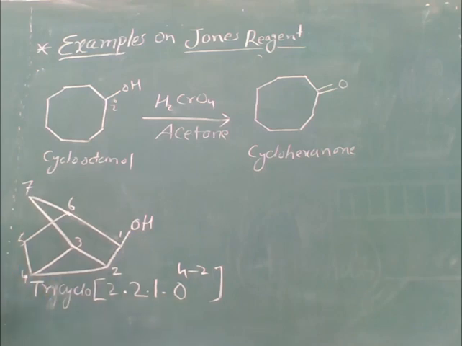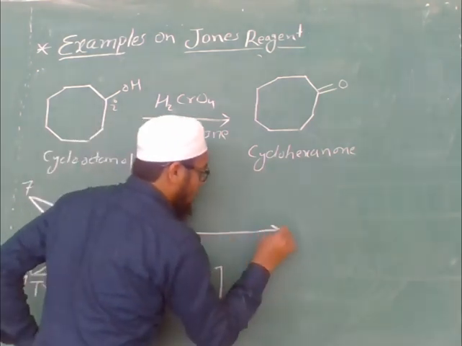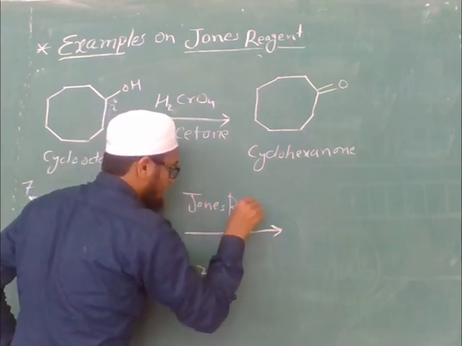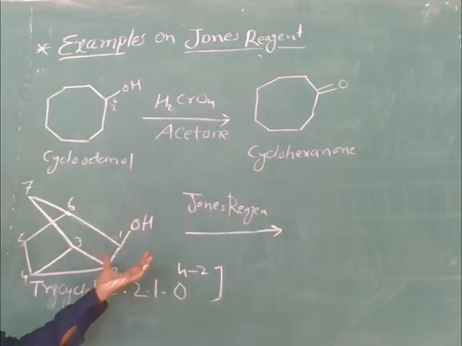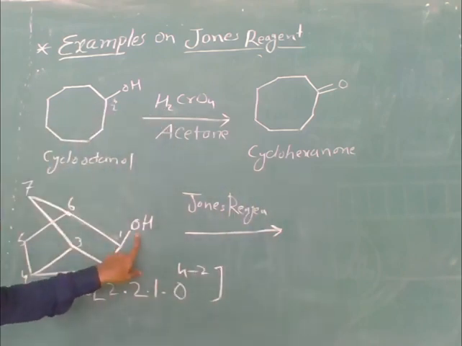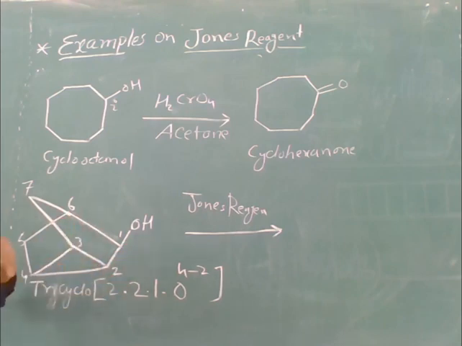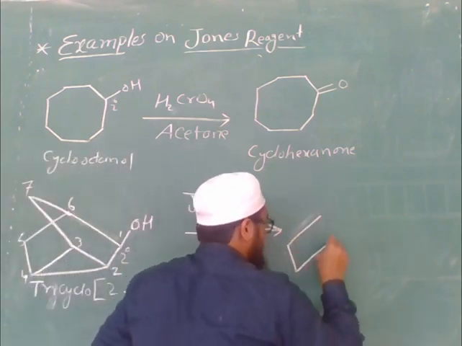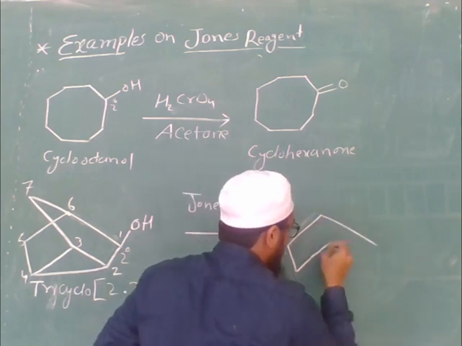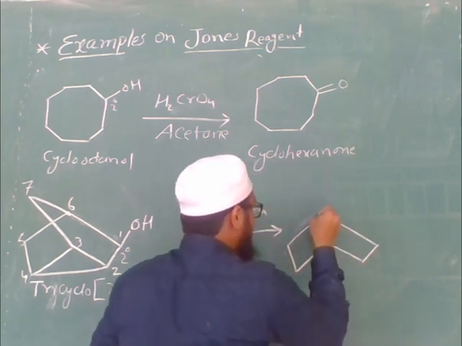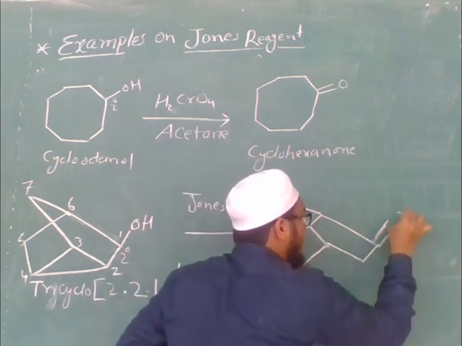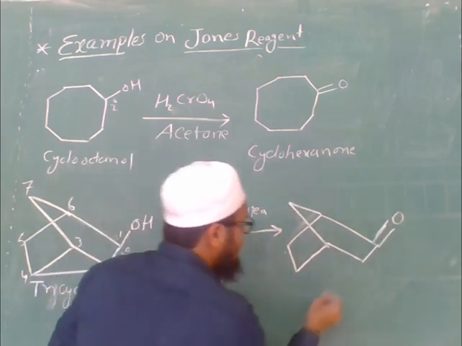Now this particular compound on reaction with the Jones reagent, I will write Jones reagent. What will it give us? Now look here. This hydroxyl group is attached to a secondary carbon, so it is a 2-degree alcohol. It will give us a ketone, because it is a secondary alcohol, and the function of Jones reagent is to convert secondary alcohol into ketone.